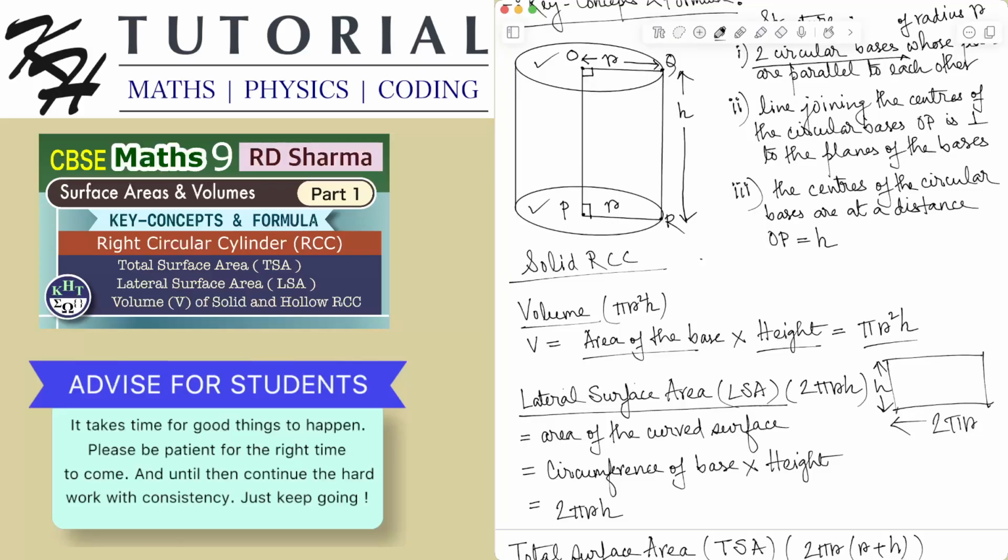Now, if you roll this sheet, consider this as a rectangular sheet. If you roll this to form a curved surface, then the circumference of the edges will form a circle whose radius will obviously be r.